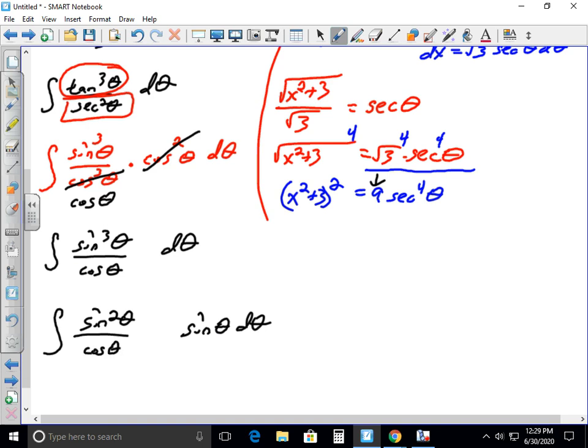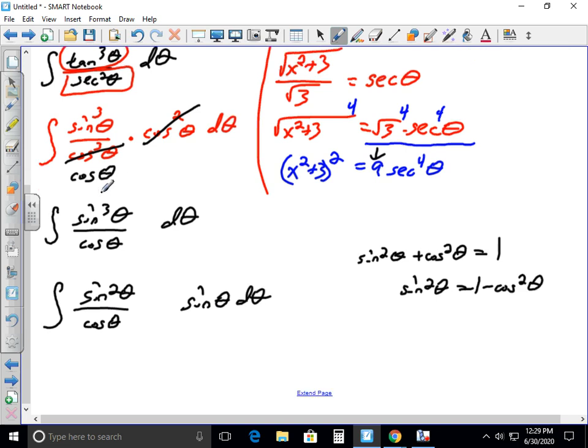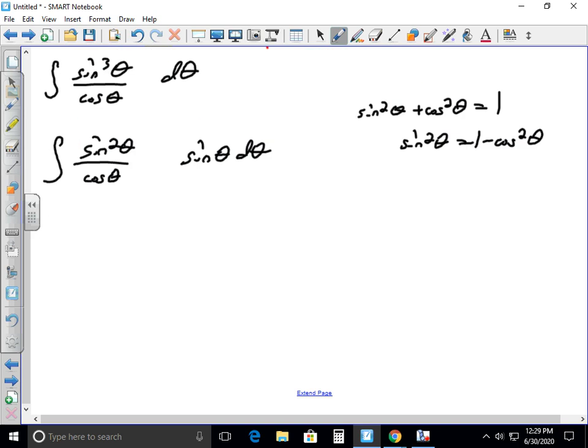And the reason we do that is because we have a relationship between sine squared and cosine squared. Sine squared is 1 minus cosine squared. So in place of sine squared, we're going to put 1 minus cosine squared. That's over cosine, and we still have our sine out here.